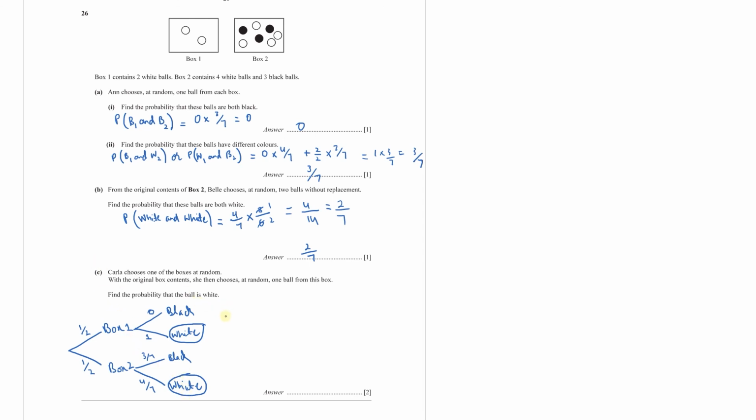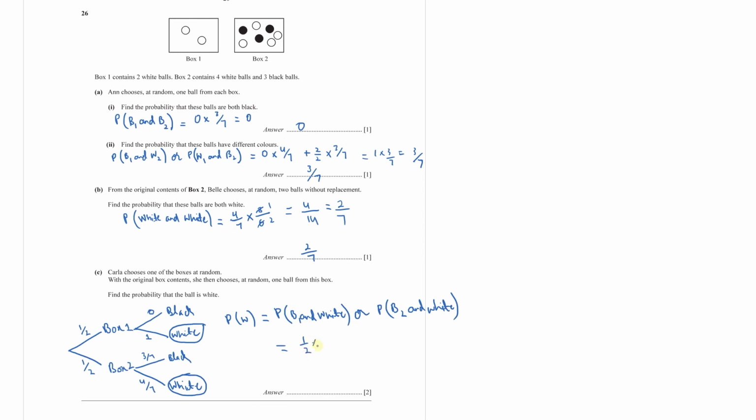So the probability of getting white equals the probability that you choose box 1 and white, or you choose box 2 and the white ball in that box. So what is the probability of choosing box 1 and white? That is, box 1 is 1 by 2 and then white is 1.